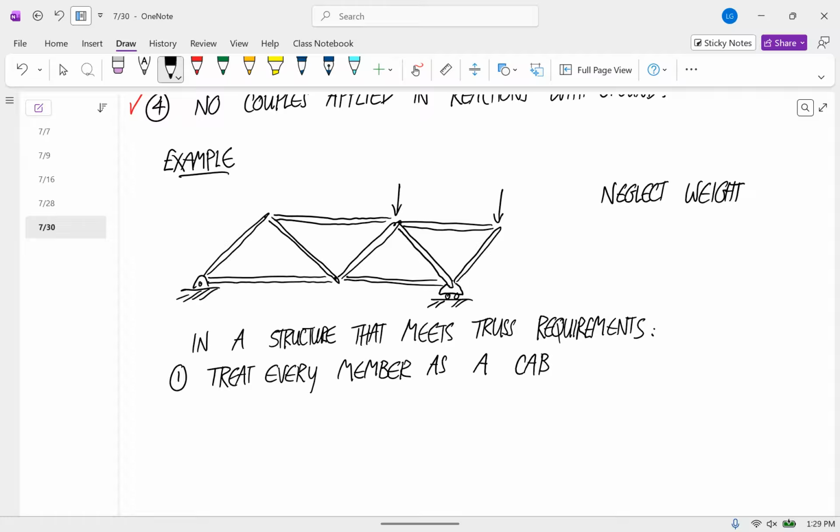So we're going to act like every member is just in pure tension.